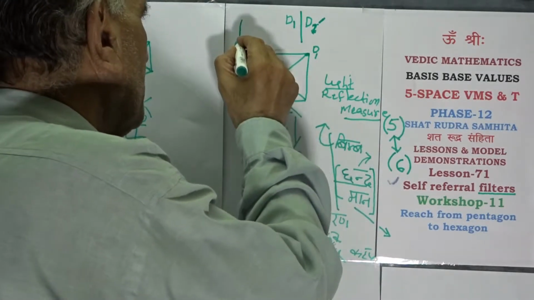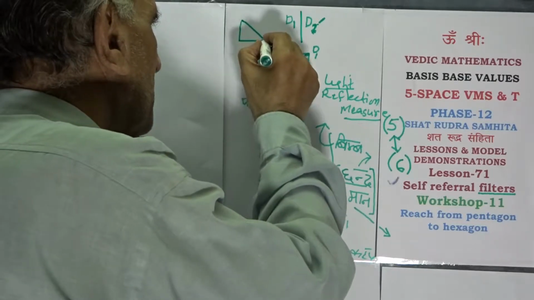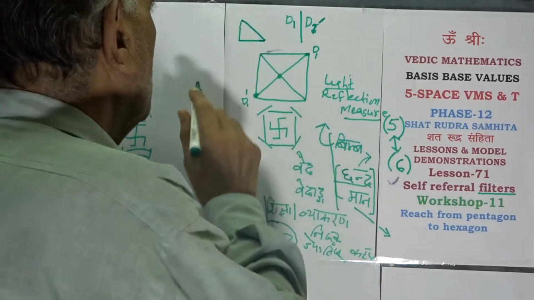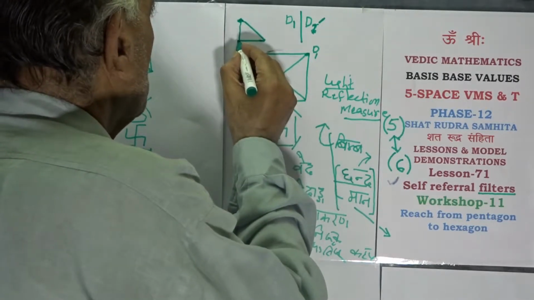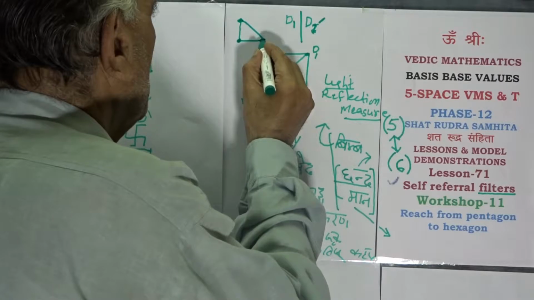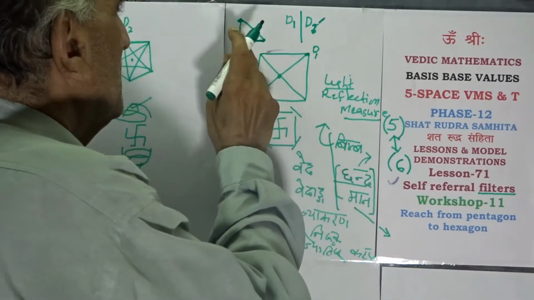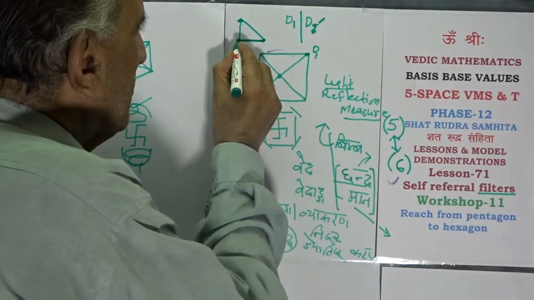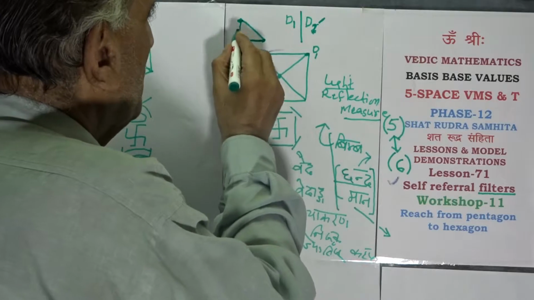So the triangle is the first body of three arms, and it does not have any internal diagonals. So the space enveloped by this triangle does not have any internal diagonals. So it is the zero state of its diagonals.